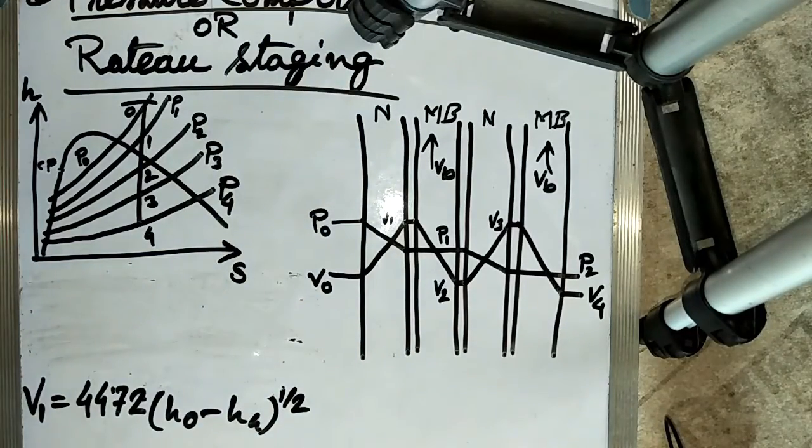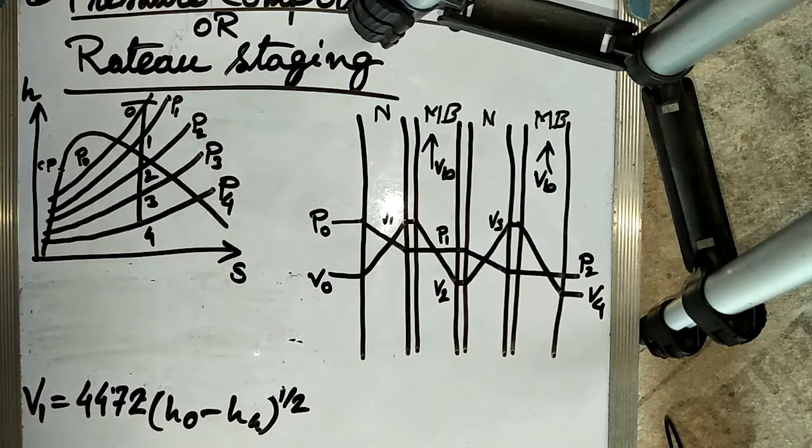Therefore, for a four stage turbine, the velocity of steam leaving the nozzles in each stage is half of that for a single stage turbine. For a 9 stage turbine it will be 1/3. For 4 stage this will be half.